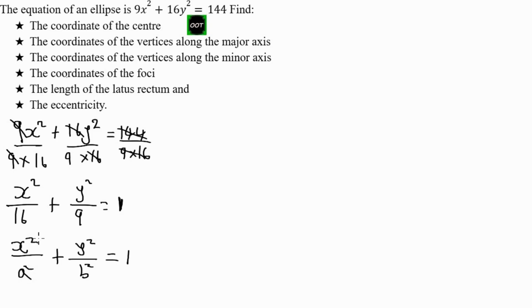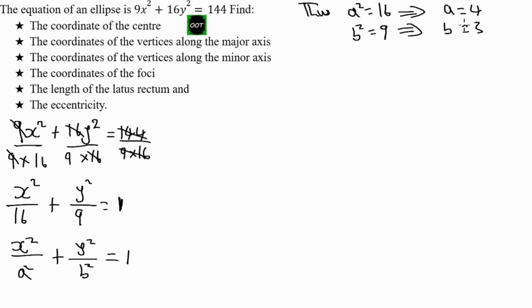Thus a squared is 16, which implies that a is equal to 4, by taking the root of both sides. Similarly, b squared is 9, which implies that b is equal to 3. Perfect. Please, are you following?